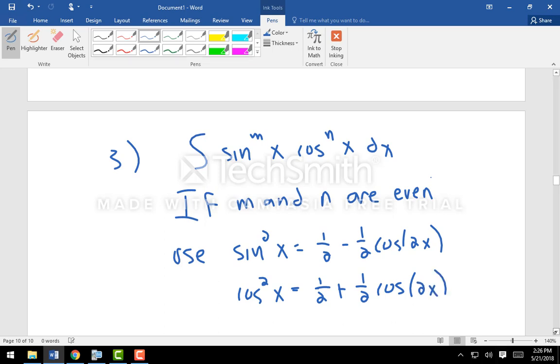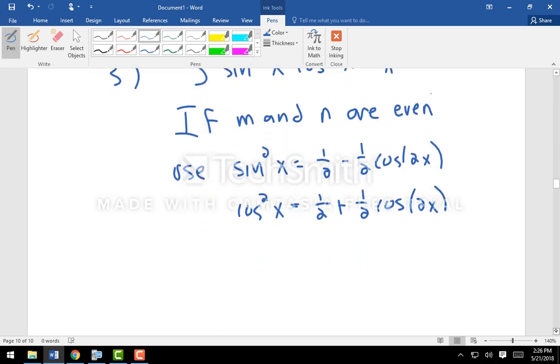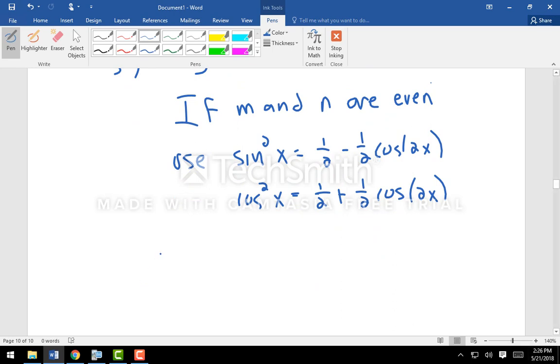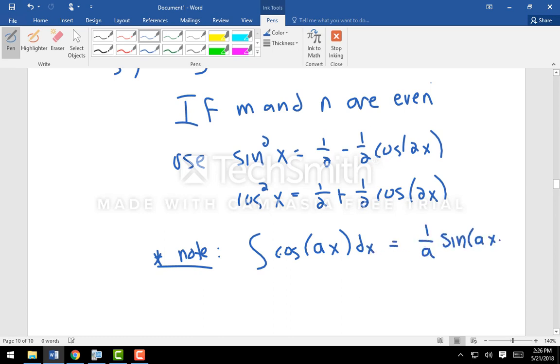All right, and then let's make a little note for ourselves that when we do these problems, we are going to encounter something like the integral of cosine of a coefficient times x, and keep in mind that's going to be 1 over a times sine of ax. So I don't want to have to do a u-sub there.